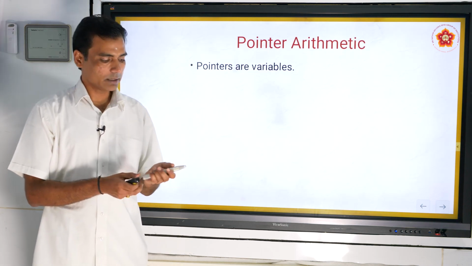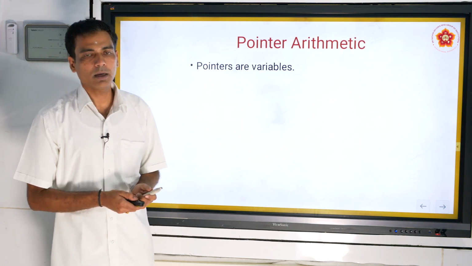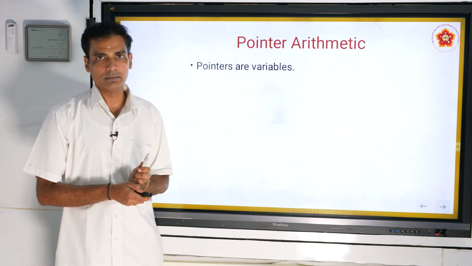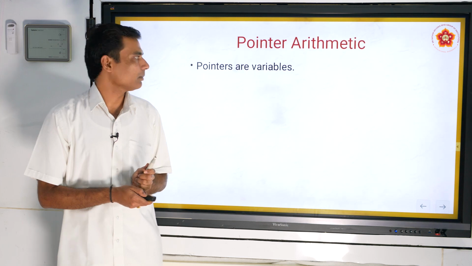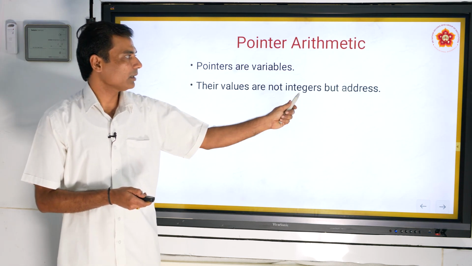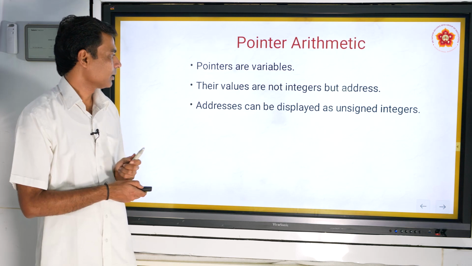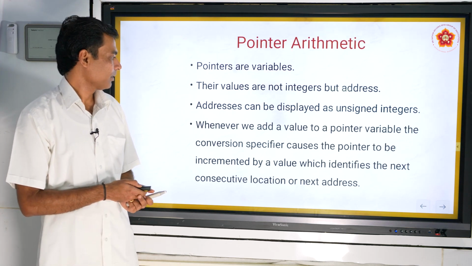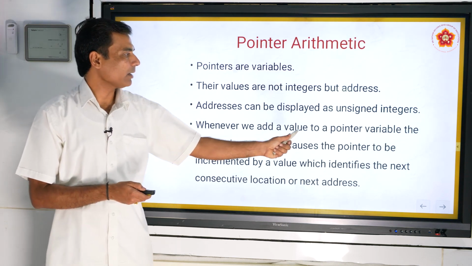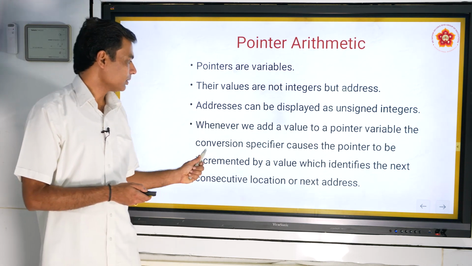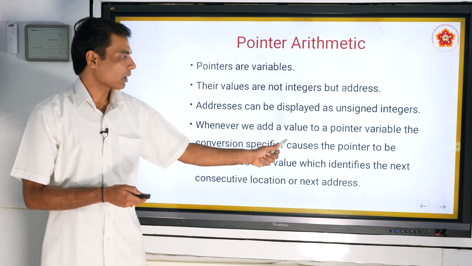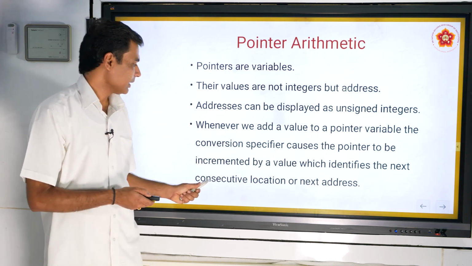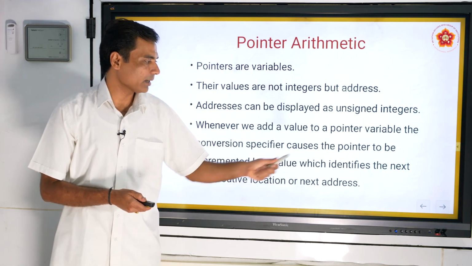So let's list out the things we have discussed about the arithmetic related to pointers. Pointers are variables. They are not different from other variables. Their values are not integers but addresses. Addresses can be displayed as unsigned integers. Whenever we add a value to a pointer variable, the conversion specifier causes the pointer to be incremented by a value which identifies the next consecutive location or next address.